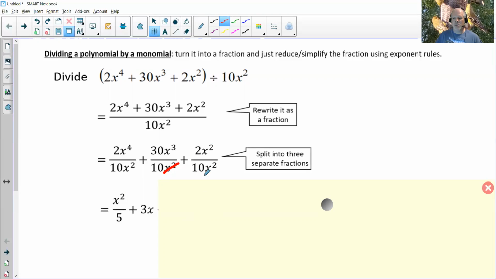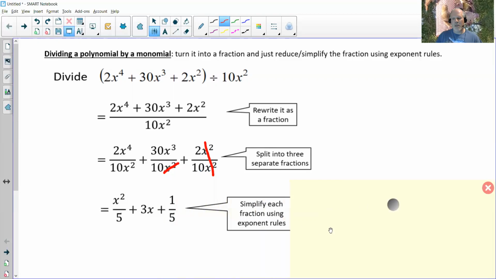The third fraction is another 2 over 10, so that becomes 1/5. And then x squared over x squared we can just cross out because it equals 1. And that is our answer.